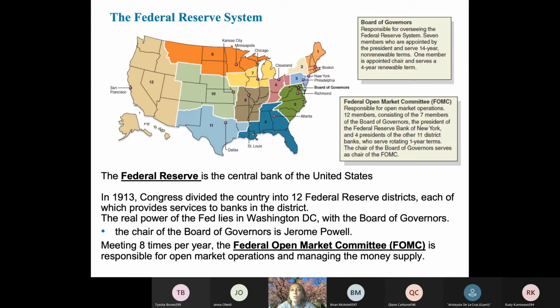They report to their regional Fed. The Fed is in charge of monetary policy, and there is an important committee within the Fed called the Federal Open Market Committee. They conduct what's called open market operations. I'll tell you in a bit what that means.